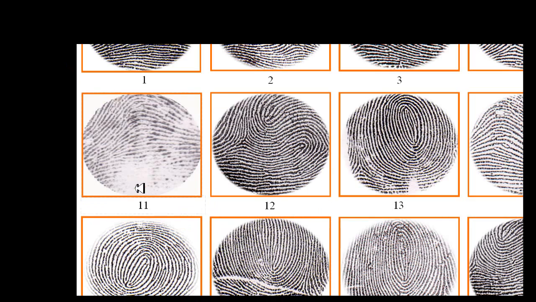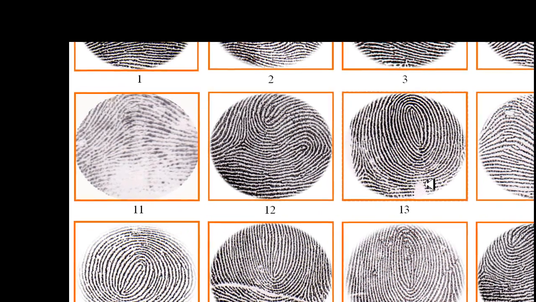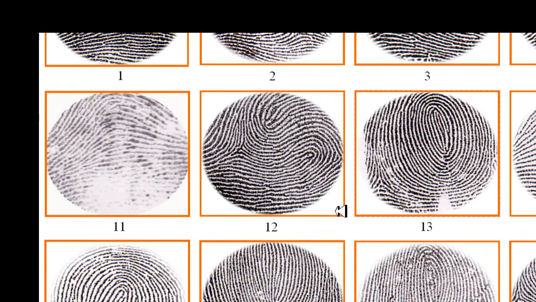I'm looking at 11, 12, and 13 now. I hope you immediately recognize that this is an arch pattern, and although the ridges aren't as clear as the other ones, they start on this side, rise, and pretty much return to the other side. Number 12, however, is completely different.